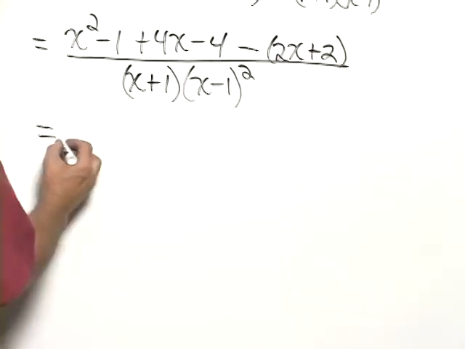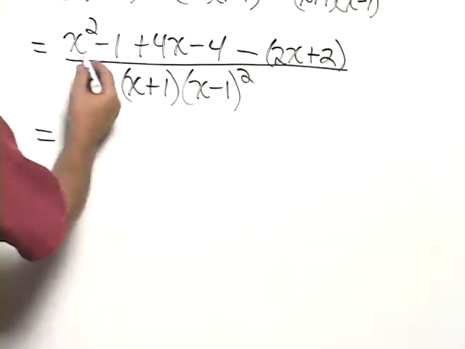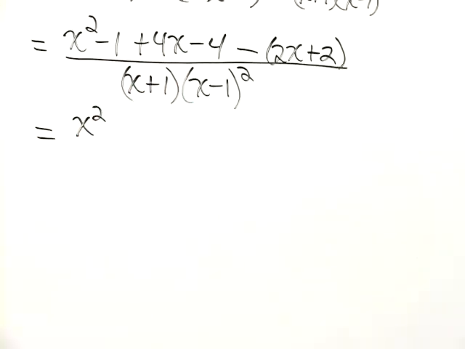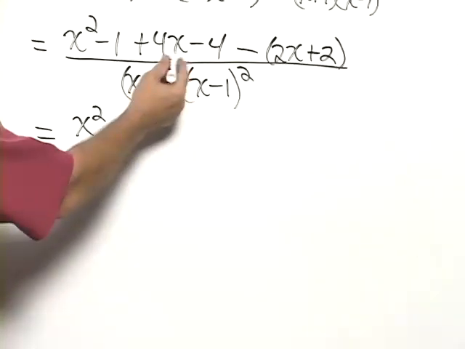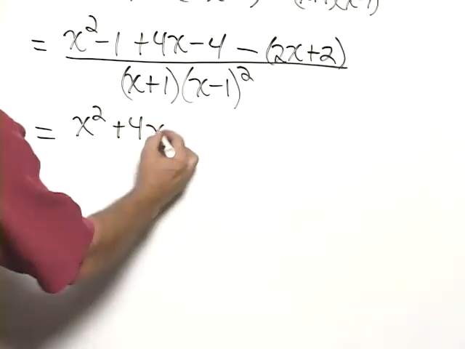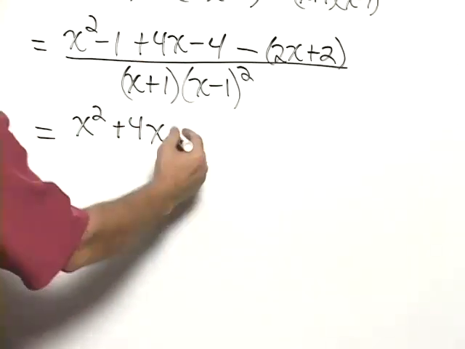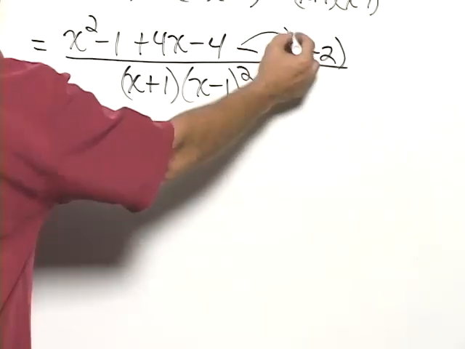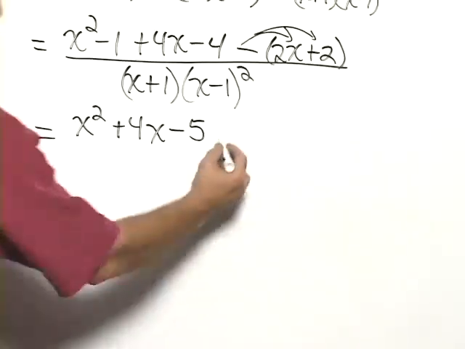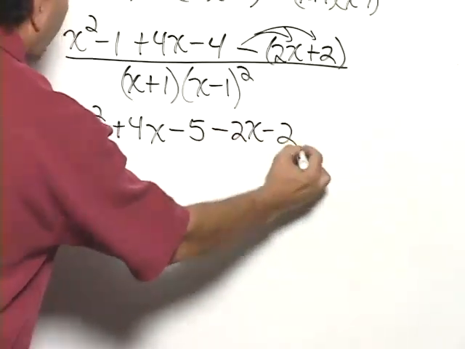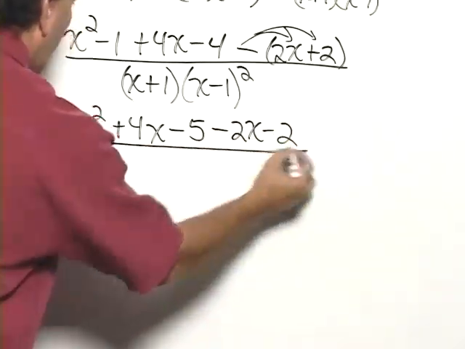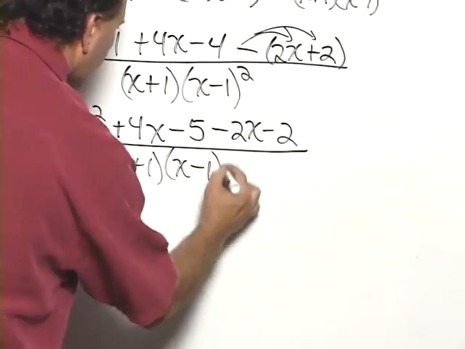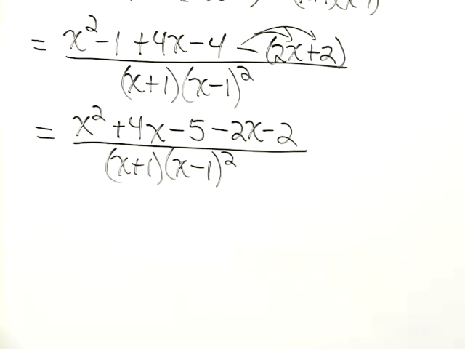Simplifying further, the only x squared term is x squared. We have this 4x. We have minus 1 and minus 4, which is minus 5. And then we need to distribute the minus, so we have minus 2x minus 2, all of that over x plus 1 times x minus 1 quantity squared.